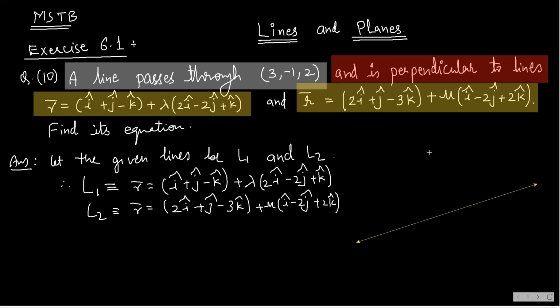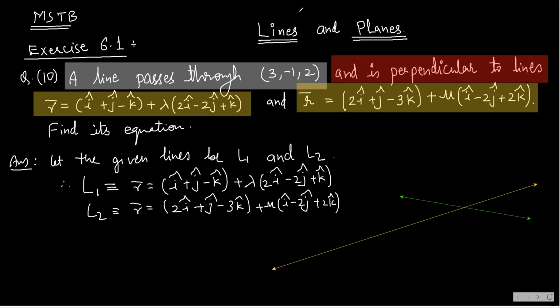So here I have L1 and this one is L2. I have two lines here, L1 and L2, right? And definitely these two lines are not parallel.